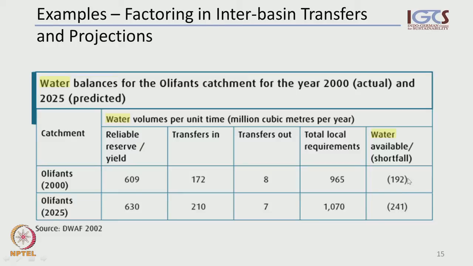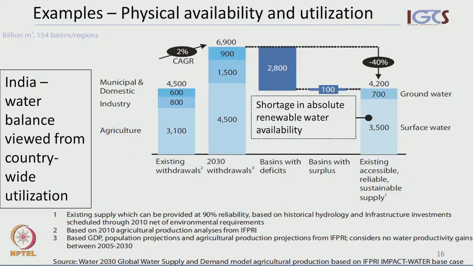So that is a very important information for planning purposes when our water balance is negative. And this does not become better for the future projection. So this is already a useful management information based on which planning and strategic decisions can be taken.